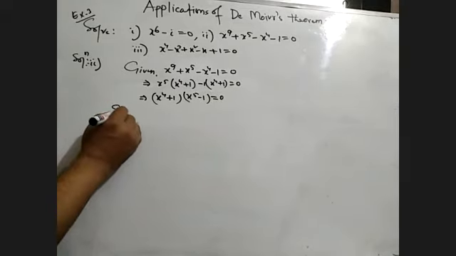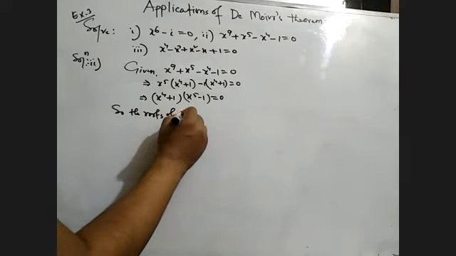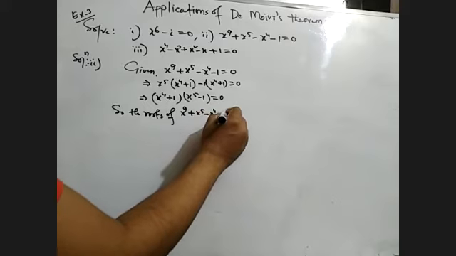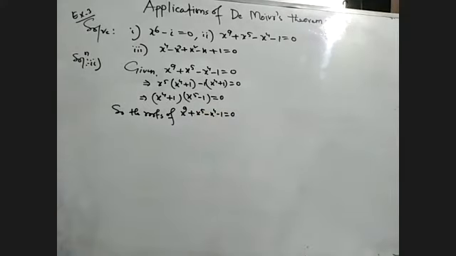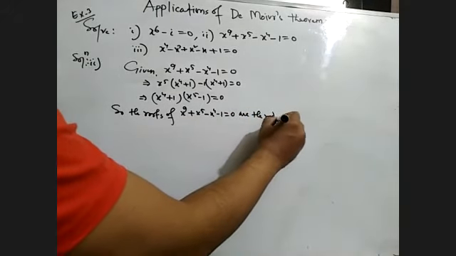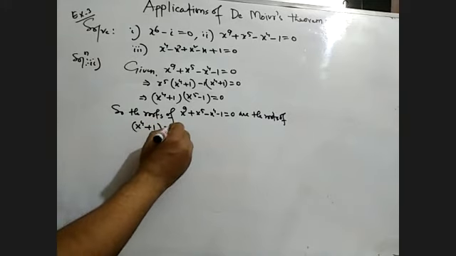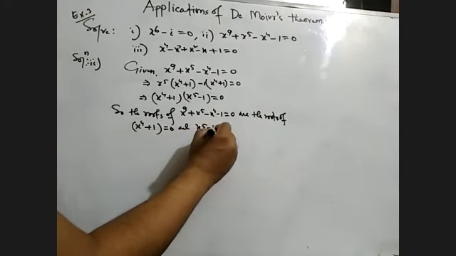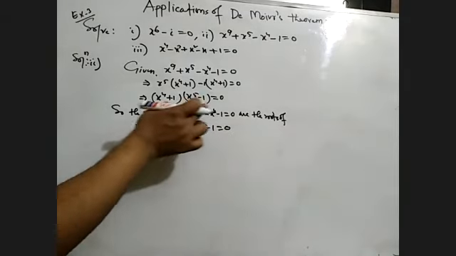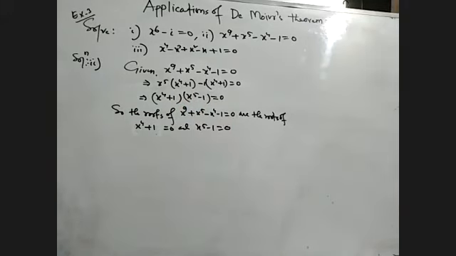So the roots of x to the power 9 plus x to the power 5 minus x to the power 4 minus 1 equals 0 are the roots of x to the power 4 plus 1 equals 0 and x to the power 5 minus 1 equals 0. That means the roots of this whole equation, how many roots will be here? 9 roots. That means 9 values.